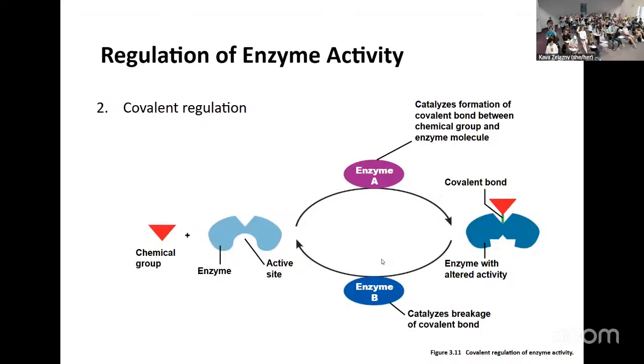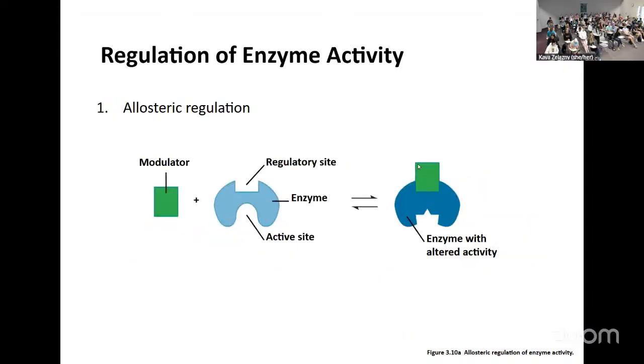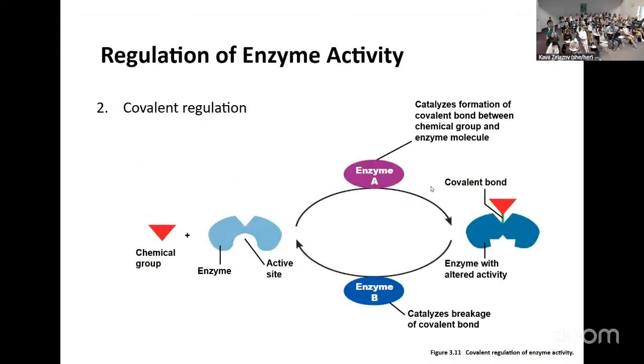Our second piece is covalent regulation. This is similar, but a little different. The difference is that we actually form a covalent bond. In allosteric regulation, the modulator is just sitting in the regulatory site, in this pocket, not forming a covalent bond where we're sharing electrons.